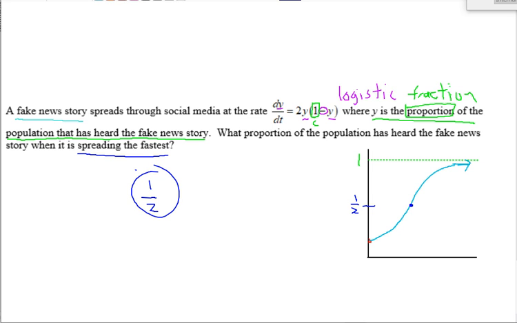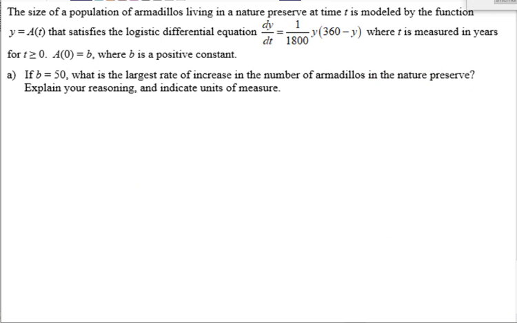All right, now let's take a look at one that would be more of a free response type of question. It says the size of a population of armadillos living in a nature preserve at time t is modeled by the function y equals A(t). So there's two different things we're calling it, both y and A(t). And notice it does tell you it's logistic here. It's already in the right form. You can see that y is already isolated here. And so you can tell right away the carrying capacity is 360.